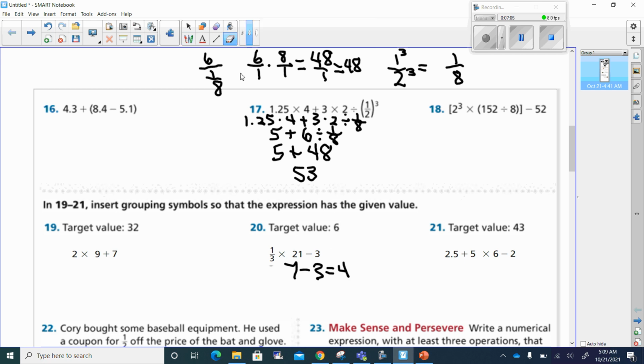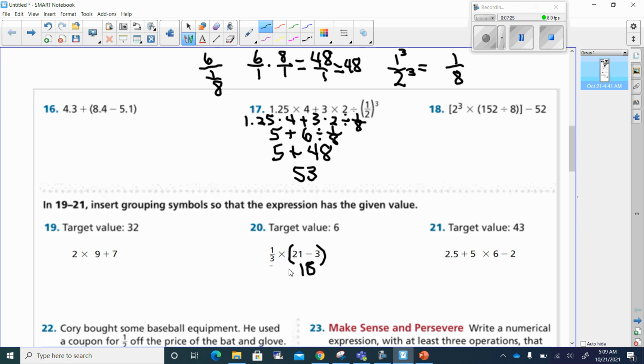So how would I change this? By putting a grouping symbol here. Well, I could put parentheses around here. And now I'd have 21 minus 3. And 21 minus 3 would be 18.